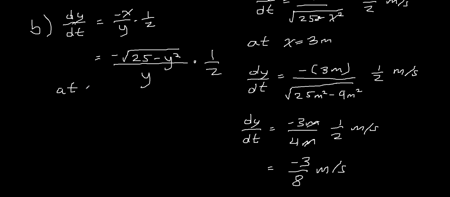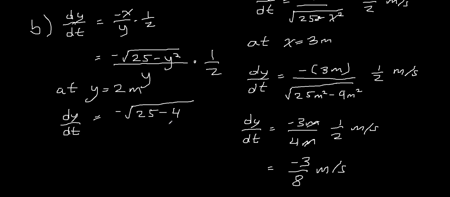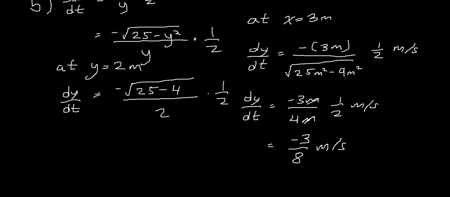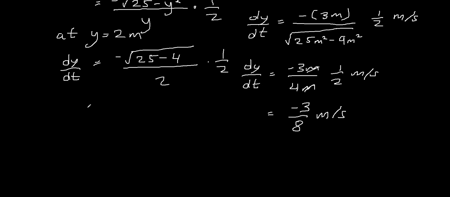So at y equals 2 meters, dy over dt is going to be equal to negative root 25 minus 2 squared is 4 over 2 times a half. And that will be dy over dt. 25 minus 4 is 21, so negative root 21 over 2 times 2, 4.